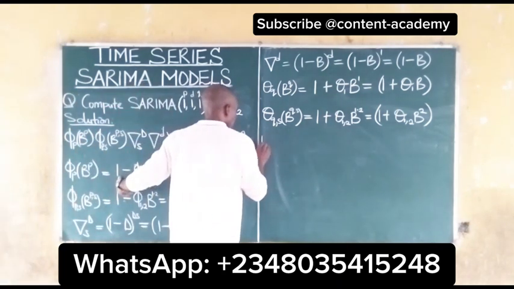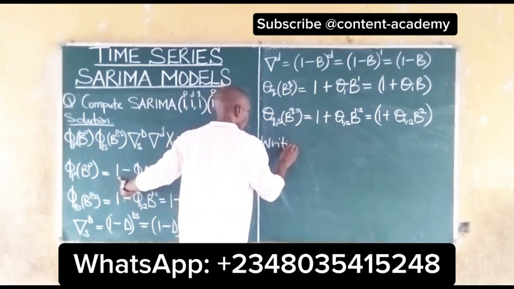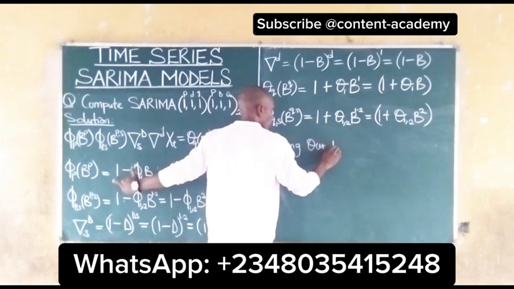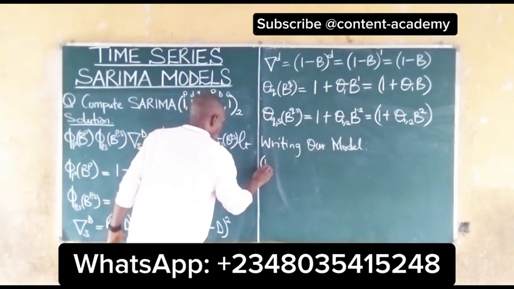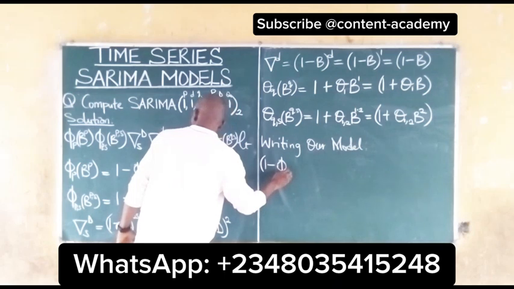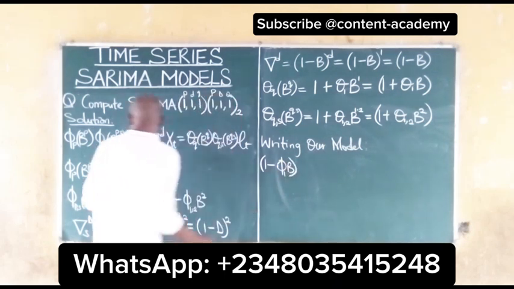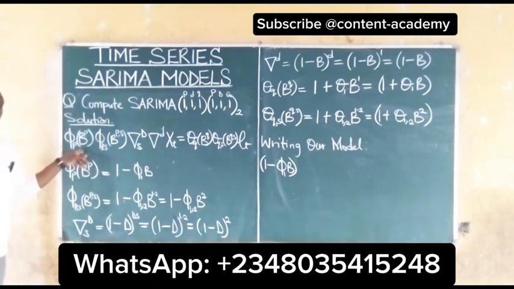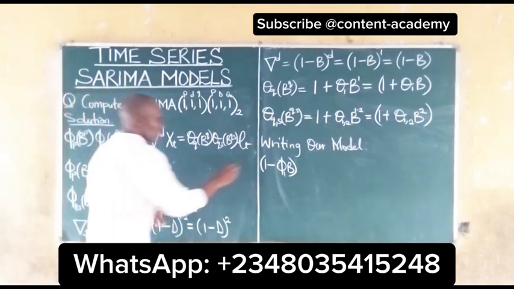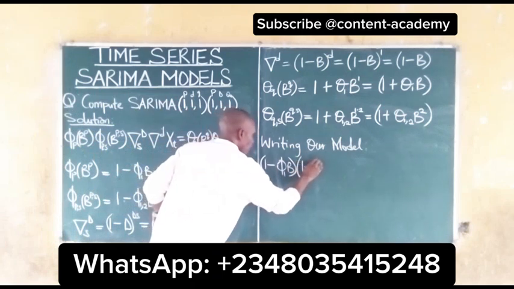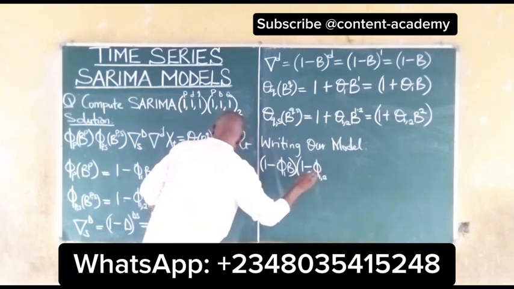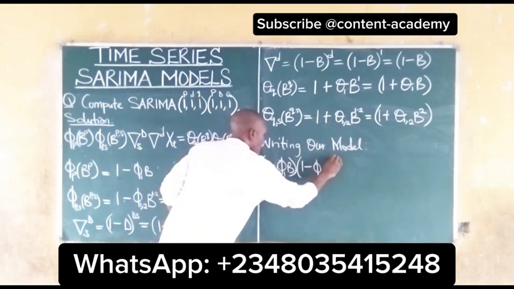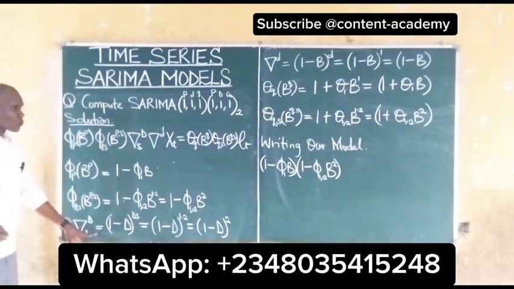So writing our model, we have 1 minus phi 1 B. That is for the autoregressive non-seasonal part. Then the autoregressive seasonal part is this. So we have 1 minus phi 1,2 B squared.